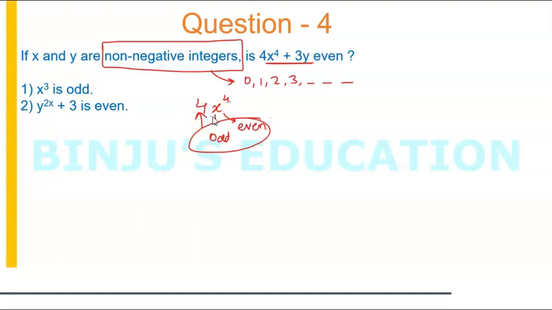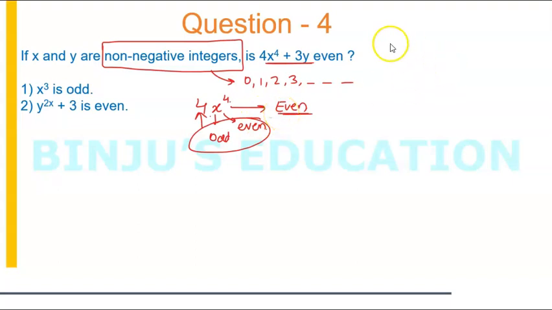So 4 is an even number, which means no matter what the nature of x to the power 4 is, the nature of 4x to the power 4 will always be even. Even if you take x to be 0, 0 to the power 4 is 0, 4 into 0 is again 0, and that will again be even. So irrespective of the value of x, one thing is sure, that 4x to the power 4 is even.